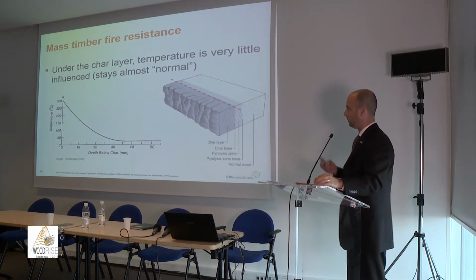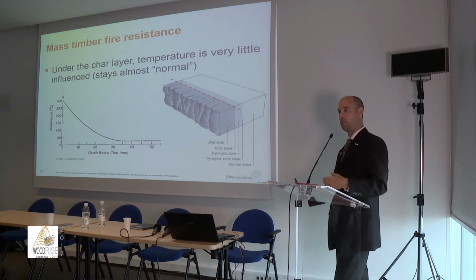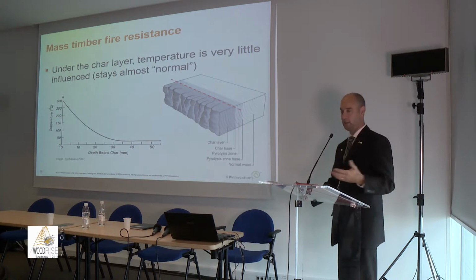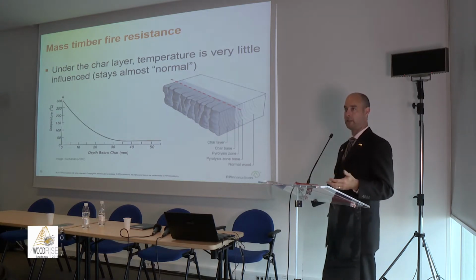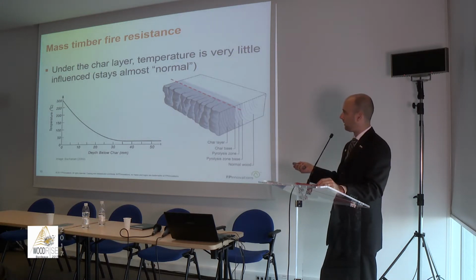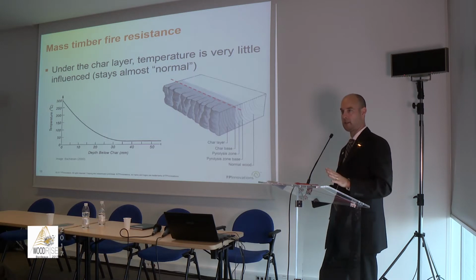So going back to how wood is capable of achieving such performance, we have to understand what's going on once it burns. Wood is combustible, so it will ignite at some point if the conditions are there. But 300 degrees is usually taken as the char front line, where there is no longer any strength, stiffness, or capacity.